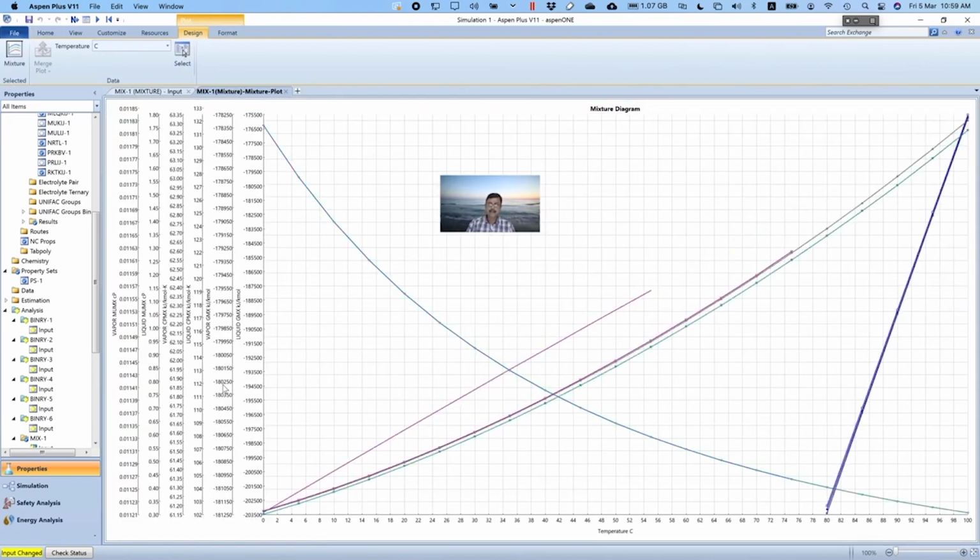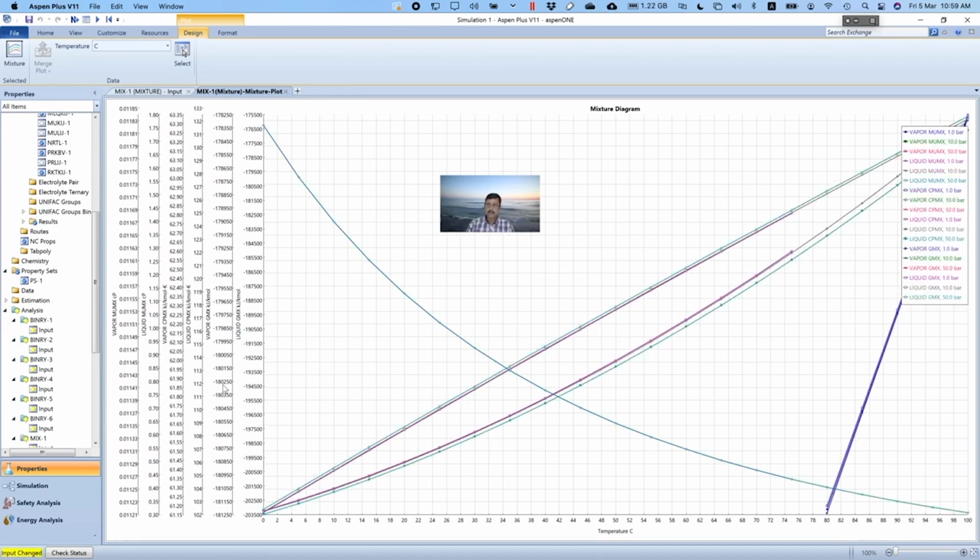So this is the mixer diagram we get. Let us see one by one. All the lines are almost superimposed, so it's very difficult to distinguish between them. But we can definitely look for this one. This one should be, I think, liquid GMX at 50 bar.